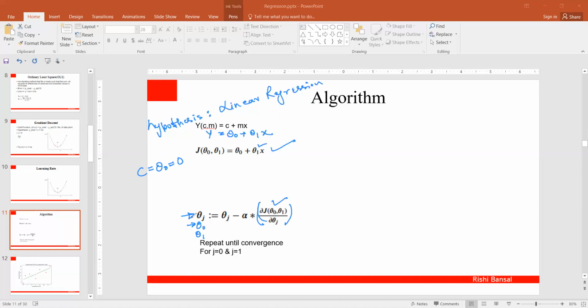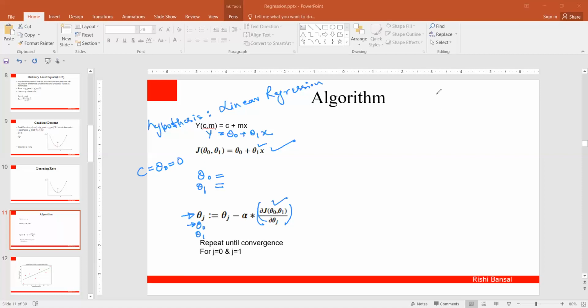When gradient descent runs in a program, behind the screen it is iterative, meaning it will go in a loop and keep on calculating. So every time, for each theta 0 and theta 1, this value will keep on repeating.